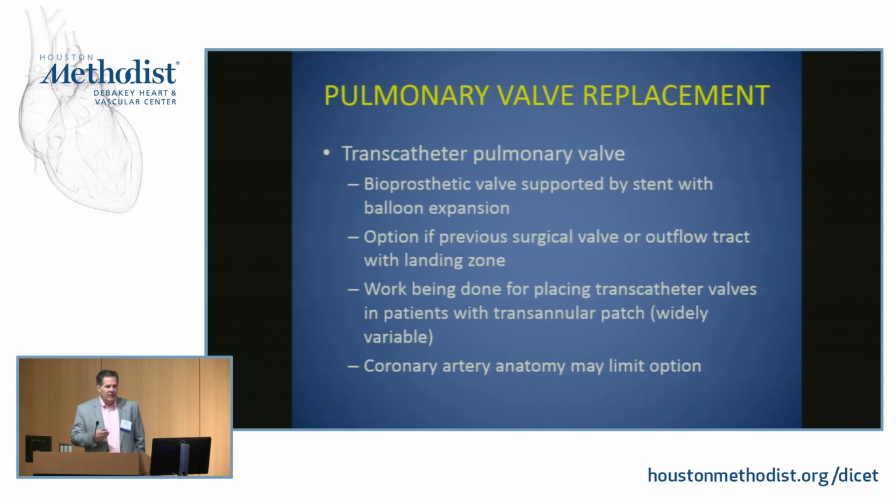There is work being done to place transcatheter valves in patients with transannular patches, where there's wide variability in the shape of the right ventricular outflow tract, and occasionally coronary arteries can run close to the right ventricular outflow tract and can be a limiting factor for placing a transcatheter valve.